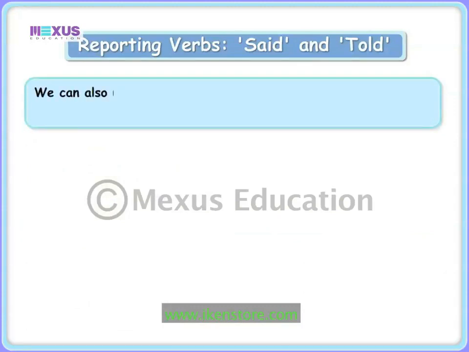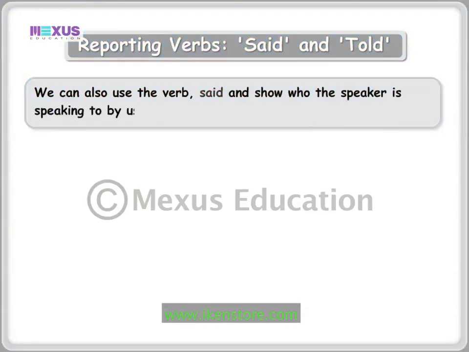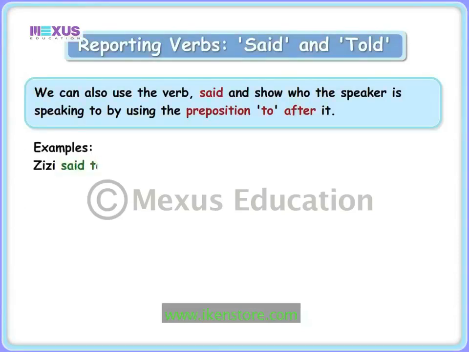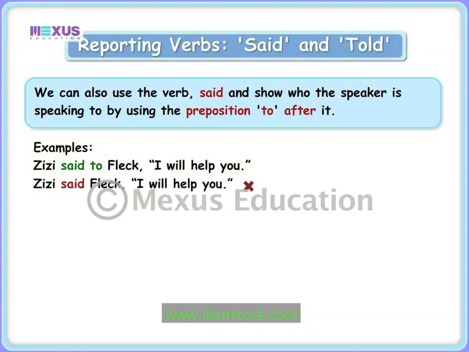However, we can also use the verb said and show who the speaker is speaking to by using the preposition to after it. So, we can say, Zizi said to Fleck, "I will help you." We cannot say Zizi said Fleck, "I will help you," since we need to use the preposition to after the verb said.